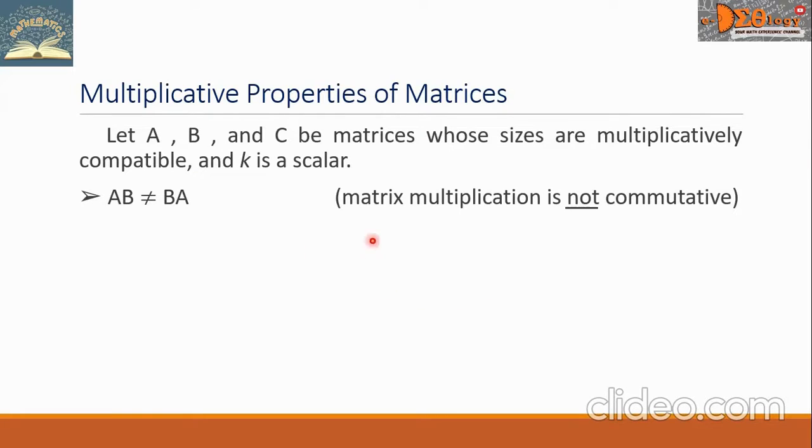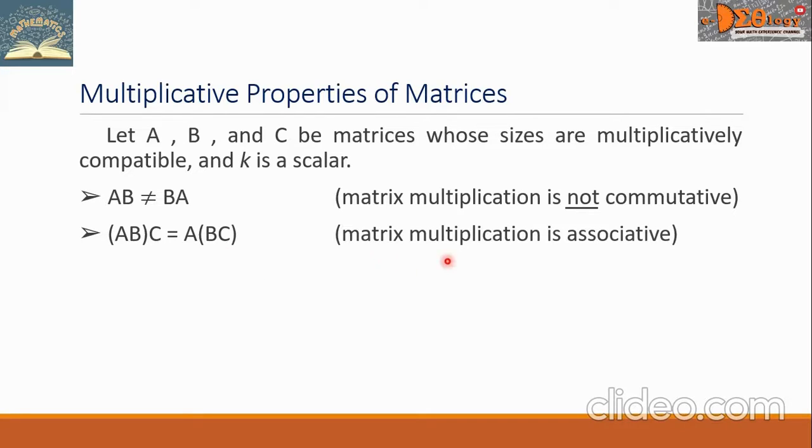We say that matrix multiplication is not commutative. Second property, the product AB times matrix C is equal to matrix A times the product BC. Now, matrix multiplication is associative.